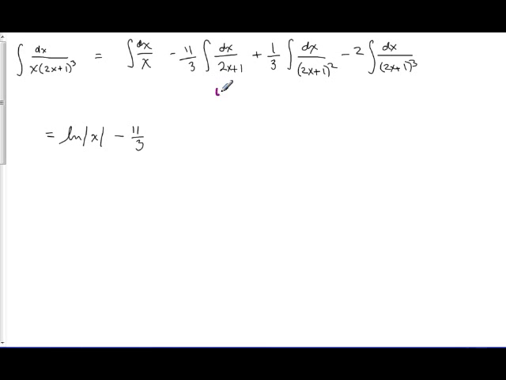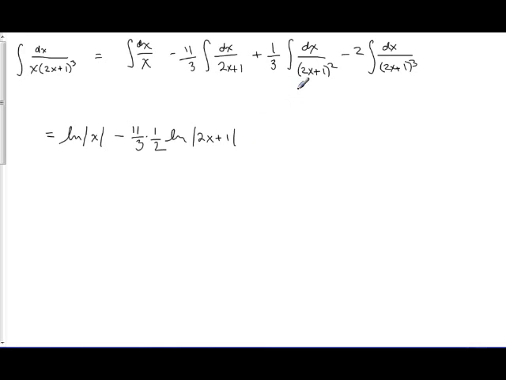Again, we could do u equal 2x plus 1, then, of course, 1/2 du is equal to dx. But like I mentioned before, when you have just a linear factor that's your u, you should try to get used to being able to do that in your head. It's going to be ln of that thing. And, of course, when I take the derivative of 2x plus 1, that's 2, and I need something to counter that, and so I need times 1/2.